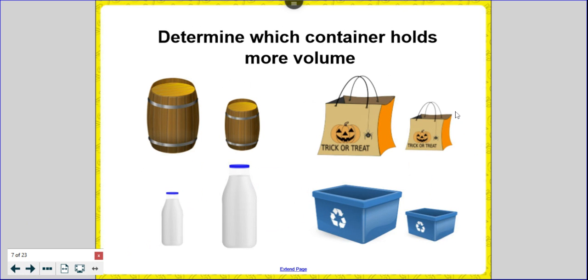So if you're going trick-or-treating and you have a bag to collect the candy, would you rather have this bag or this bag? And why? Tell someone at home which bag you would rather take trick-or-treating. I bet most of you said you would rather take this bag trick-or-treating because this bag could hold more candy.